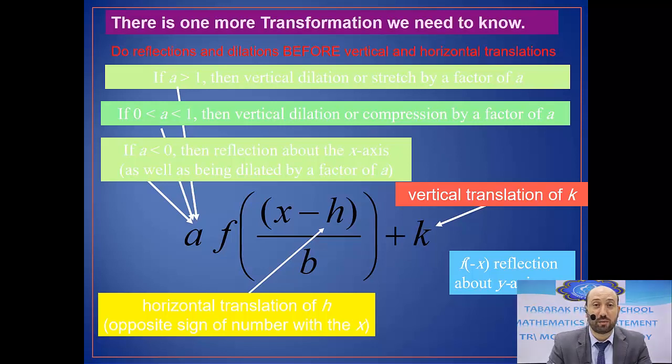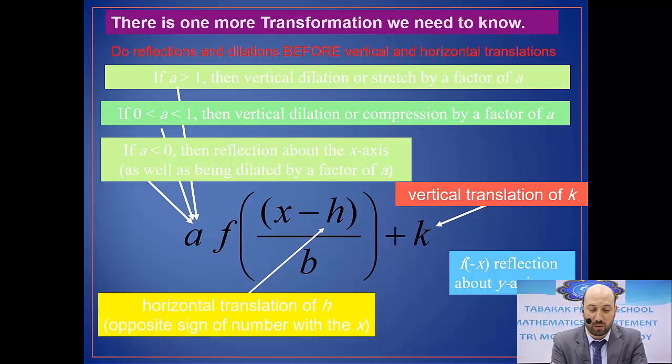If a is smaller than 0, it is a reflection about the x-axis as well as a dilation by a factor of a. And k is a vertical translation of k, f of negative x is a reflection about the y-axis, and h is a horizontal translation of h, with the opposite sign of the number with x.